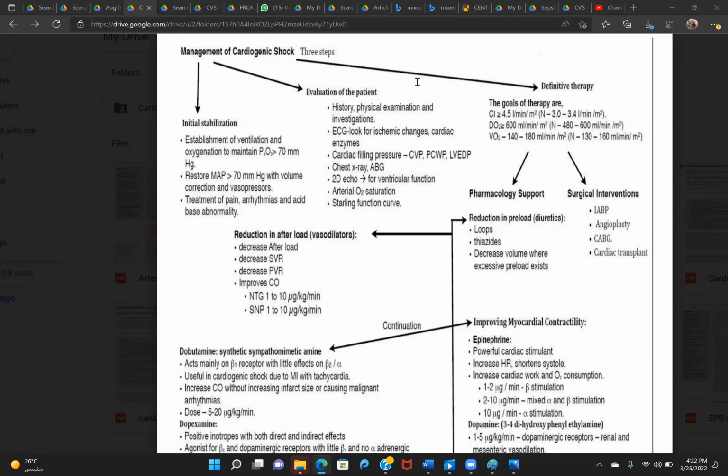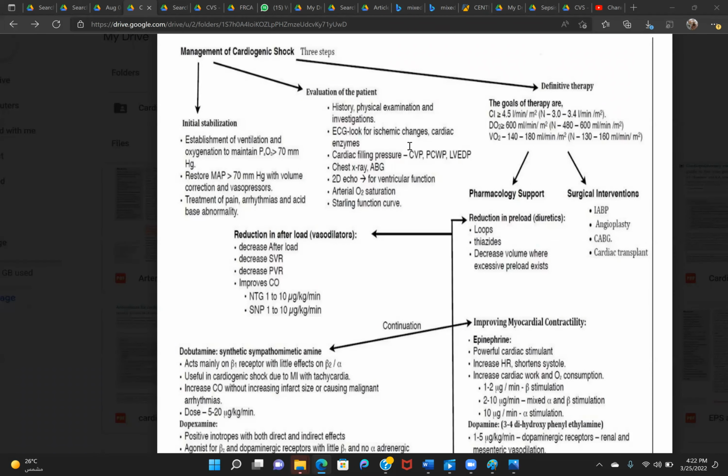You should know when they start, when they peak, and when they come down. This is also a question they can ask you. I cannot recall all of them, but you should know it. TROP-T and TROP-I are more sensitive, and then CK-MB, because the CK-MM fragment is for muscles, and CK-MB is more specific for cardiac muscle.